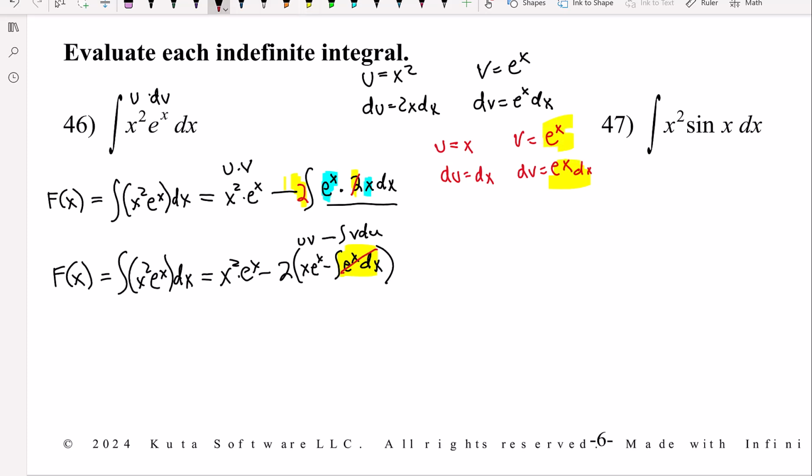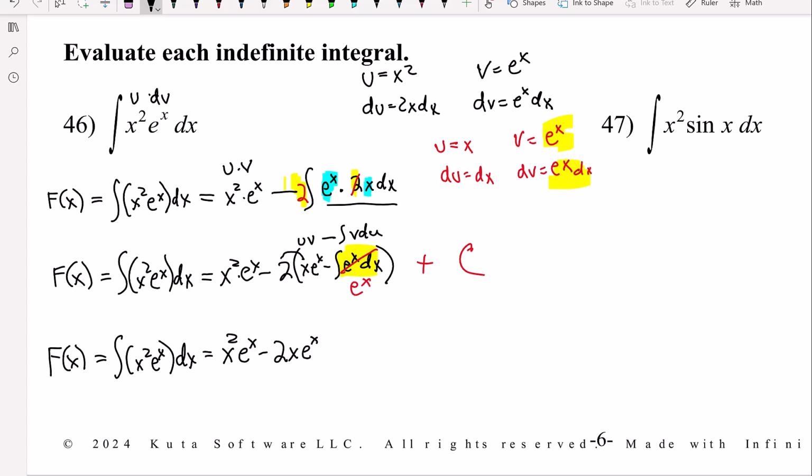So we can cross this off and substitute that with e to the x, and then there will be a plus c out here. So the final answer will be x squared e to the x subtract 2, I'm going to do the distributive, 2x e to the x, a negative times a negative is a positive, plus 2 e to the x plus c. Ta-da!